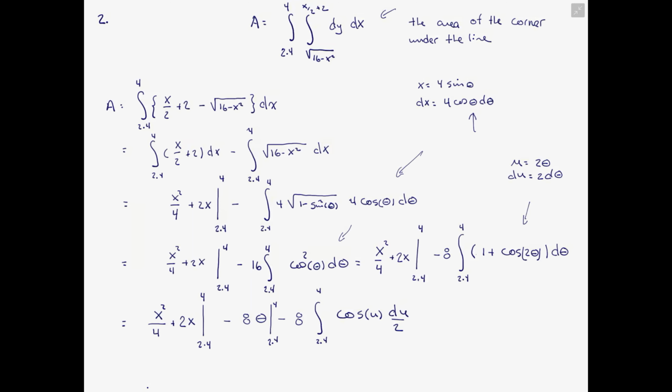And with that, I end up with a very simple integral for the first part of this integrand, which just leaves me with 8 theta, minus the integral of cosine of u du over 2.